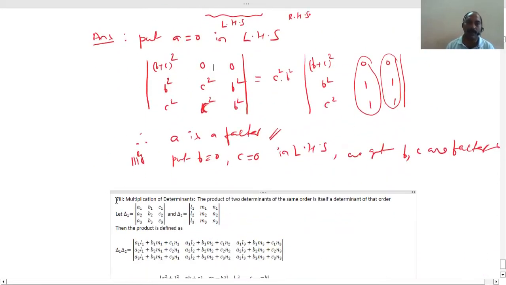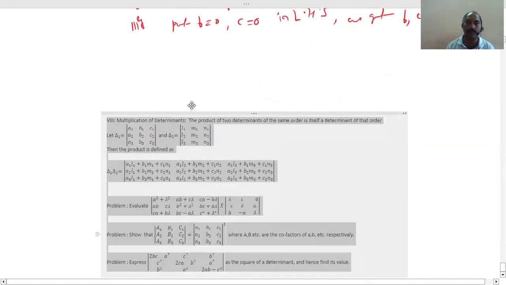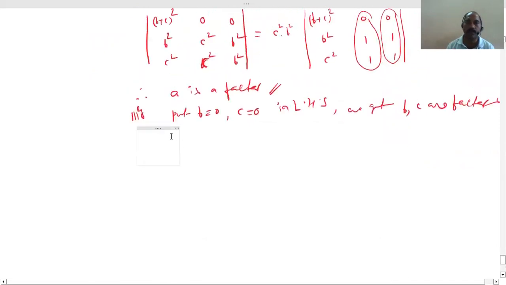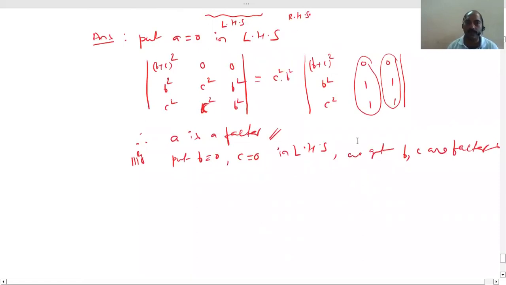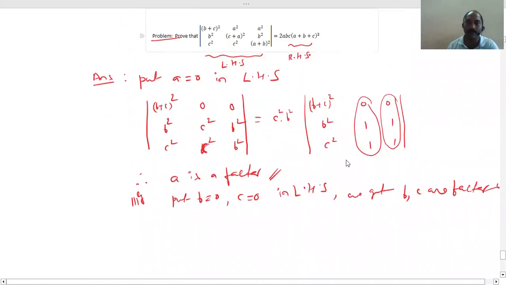Actually, I typed these questions. I will try to write this one down, space is enough. So now three factors over. Next another factor is a plus b plus c whole cube and 2 additionally is there.